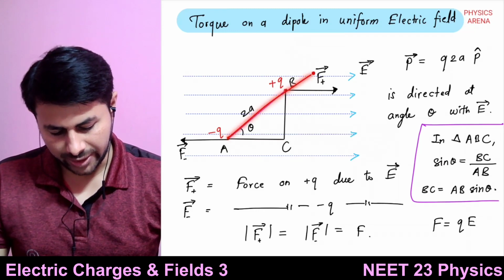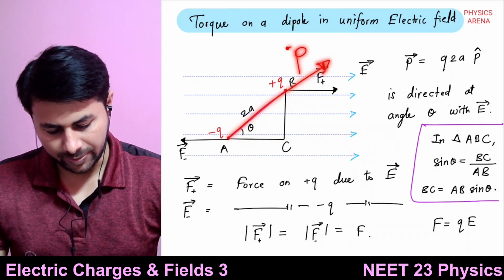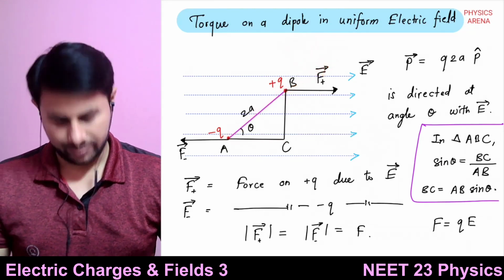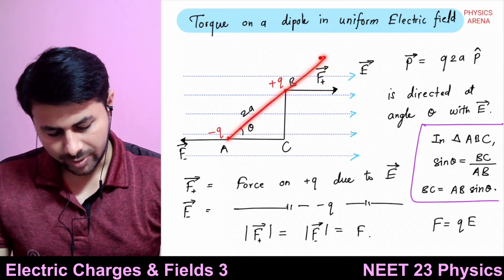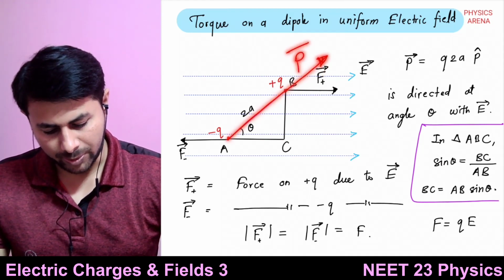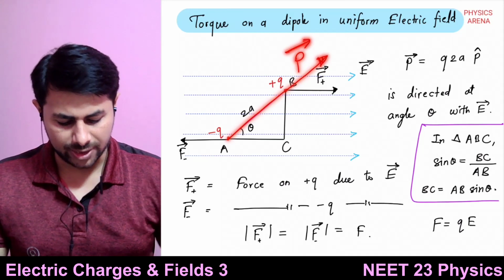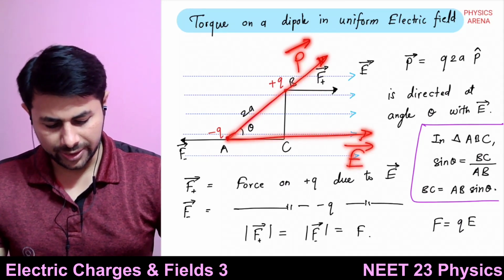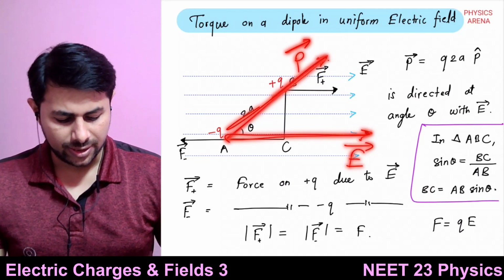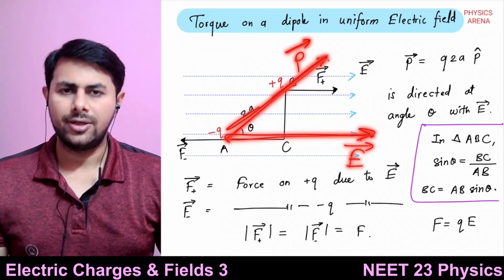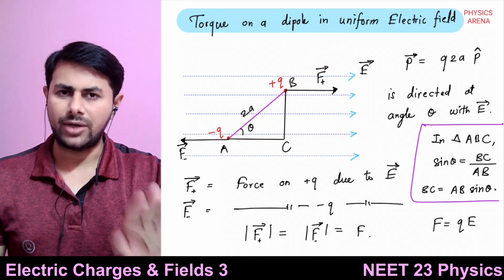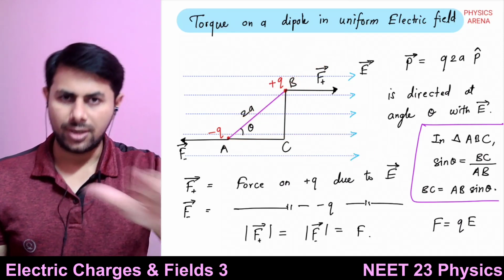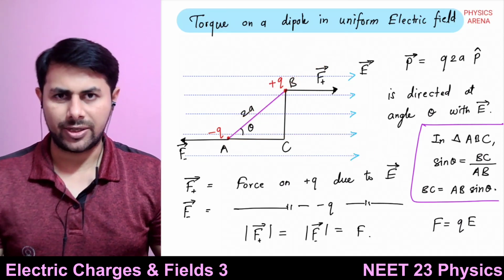Okay. So if you take this as the first vector, P bar is directed from minus Q to plus Q. Electric dipole moment is directed from minus Q to plus Q. And E bar is like this. So if you take this one as the first vector, this one as the second vector, then you keep your right hand in the direction of the first vector, curl your fingers towards the second vector.